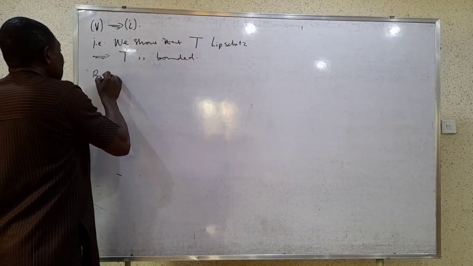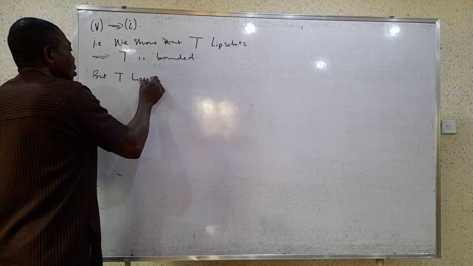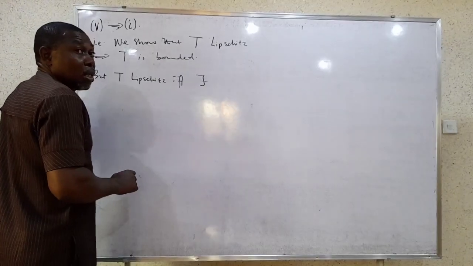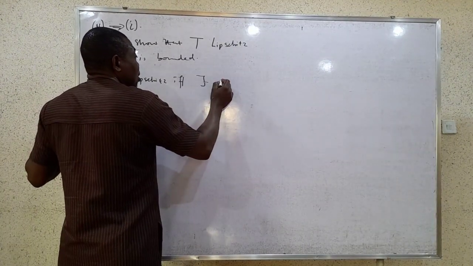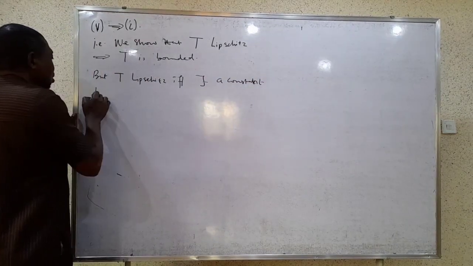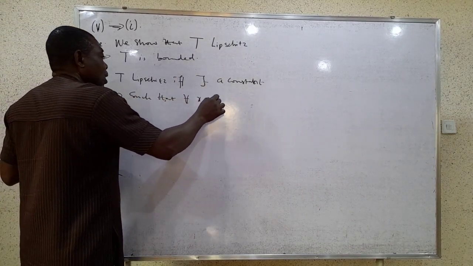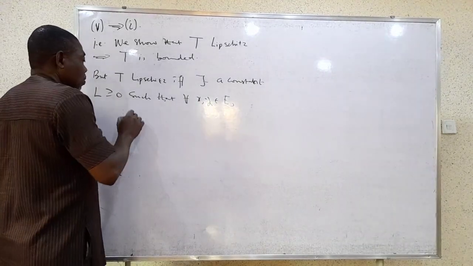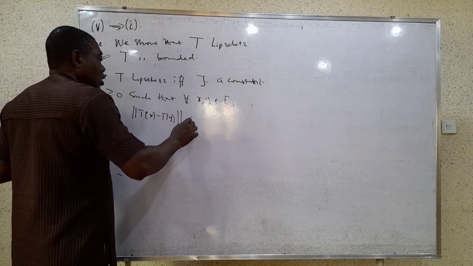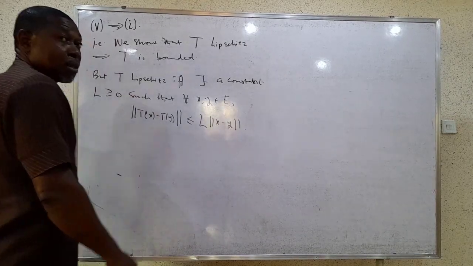But T is Lipschitz if and only if there exists a constant L greater or equal to 0 such that for any x, y in E, we have norm of T of x minus T of y is less than or equal to L norm of x minus y. Yes.